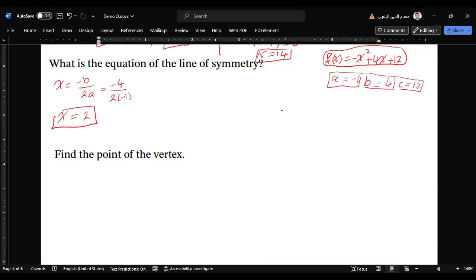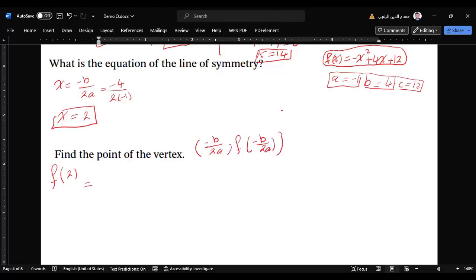Find the point of the vertex. We take this one and find f of 2, because the vertex is negative b over 2a, which we got, and f of negative b over 2a, which we substitute in this function.